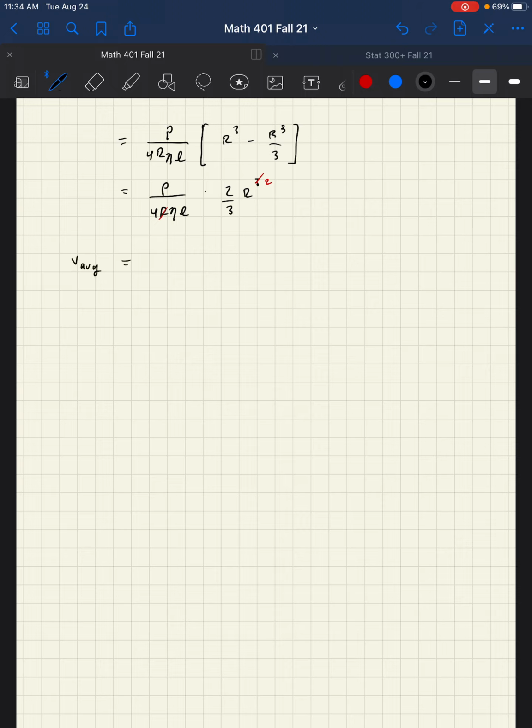That means we're going to cancel this R with this, and that's going to turn into a 2. Finally, that means the average value, the average velocity of a blood cell traveling through that blood vessel is going to be PR squared, P being the pressure differential, R being the radius of the blood vessel, over 6 nu, nu being the viscosity of the blood, and little l being the length of that blood vessel. That's our answer.